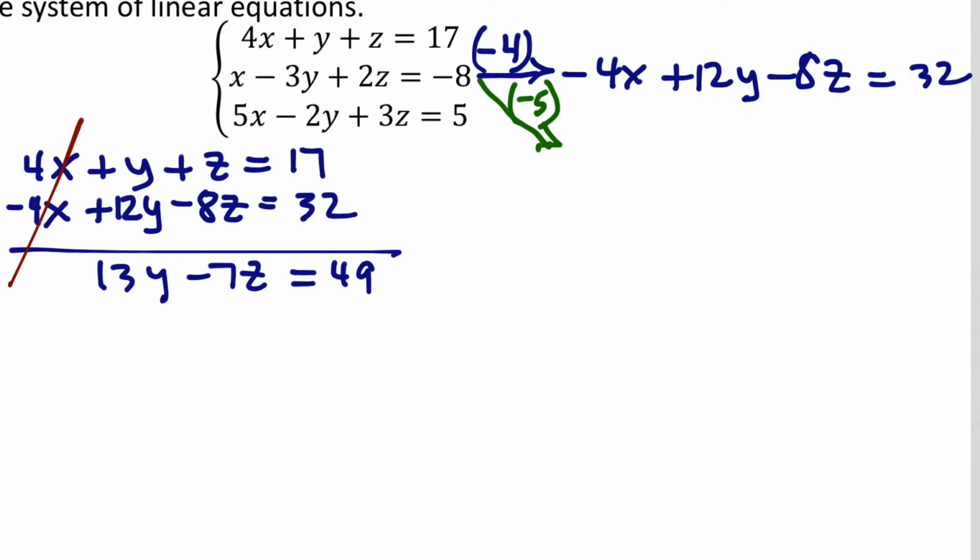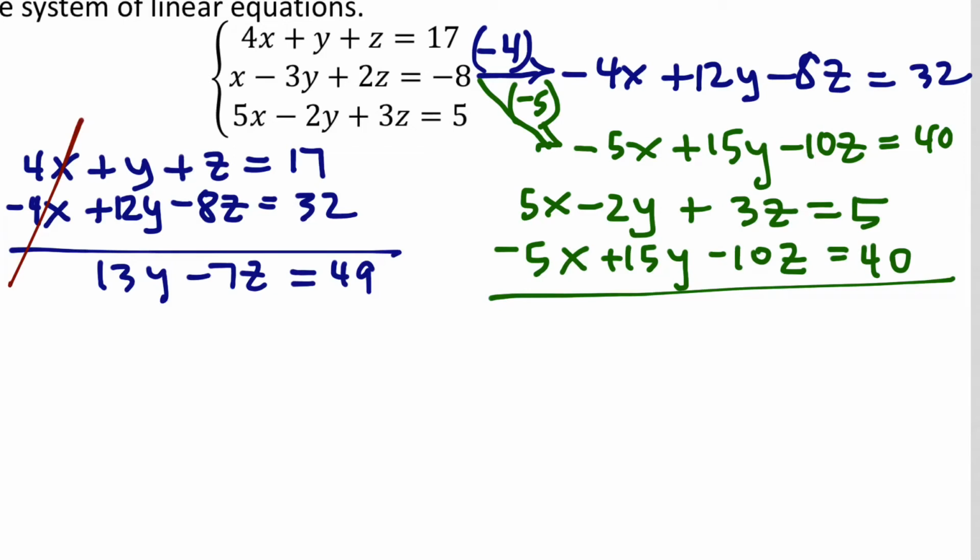So my second equation here becomes minus 5x plus 15y minus 10z is equal to 40. So I wrote those two equations out. So I've got this one here and this one here, the one that I multiplied -5 by, because I want these to drop out here.